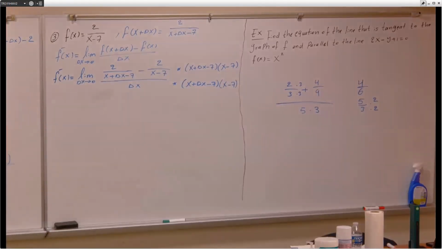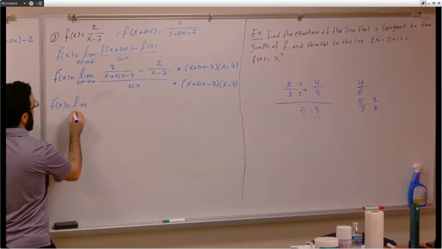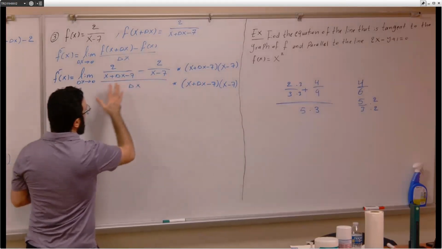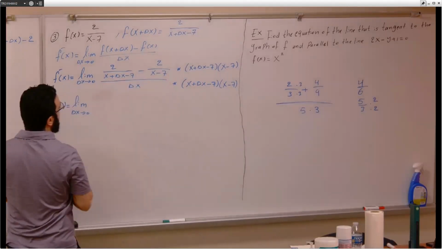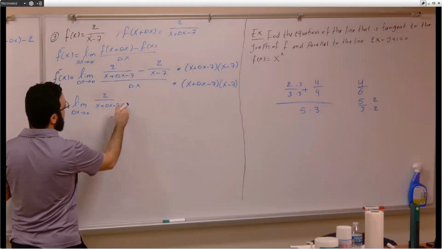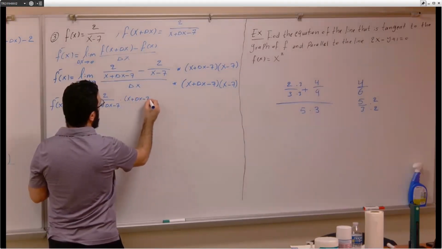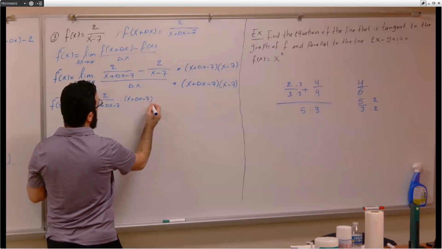So let's go to the next step. It's going to be f prime of x. Here is the limit, delta x approaches 0. I'm gonna write down everything here. So it's going to be 2 over x plus delta x minus 7 times everything here, which is x plus delta x minus 7 and x minus 7.